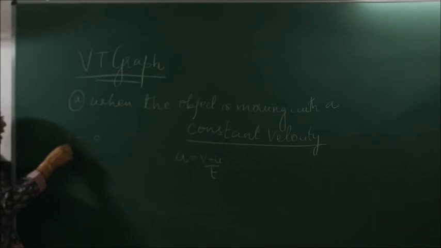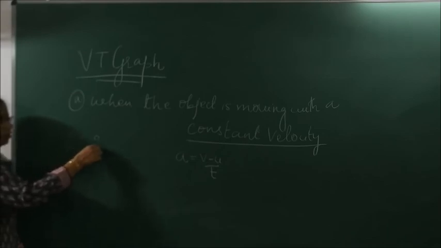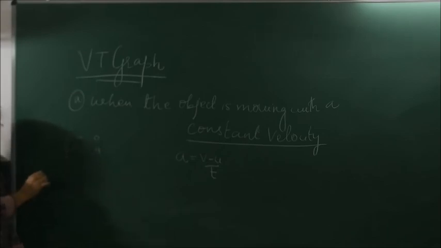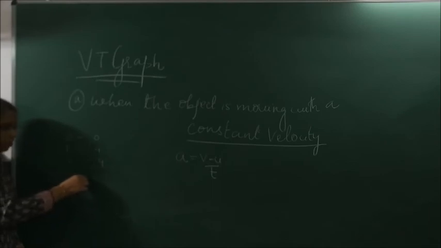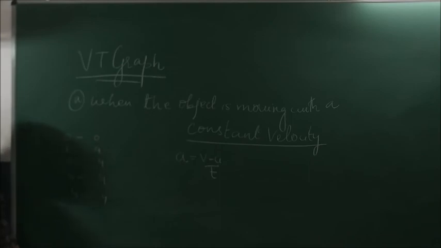At 1 second, it attains a velocity of 4 meter per second. At 2 it is 4 meter per second, at 3 also 4 meter per second, at 4 also 4 meters per second.